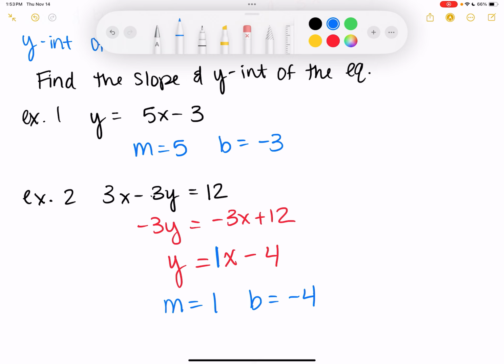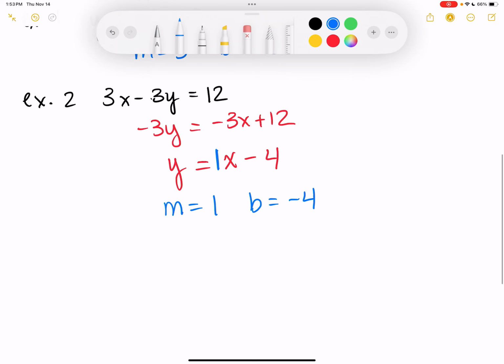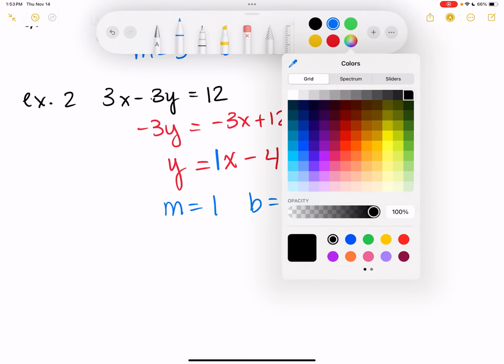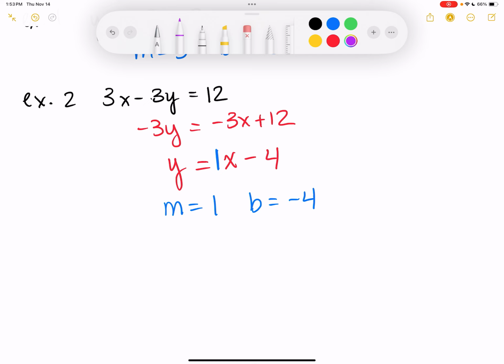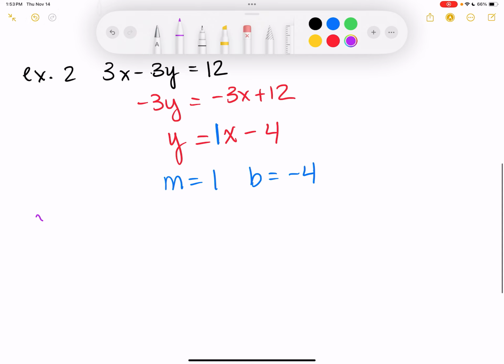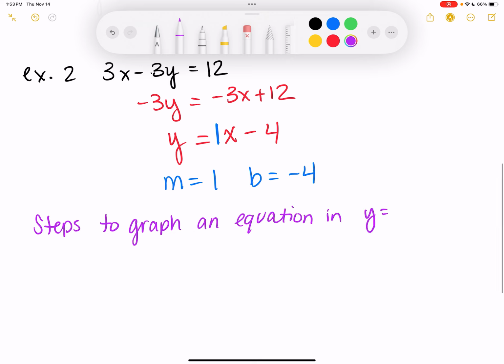So let's see. I'm going to give you steps to graphing an equation like this so that we can make sure that you are aware. So steps to graph an equation in y equals mx plus b form.